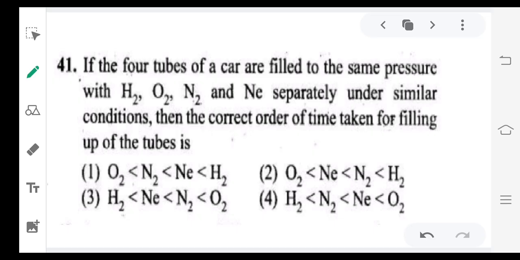Next, if the 4 tubes of a car are filled to the same pressure with H2, O2, N2 and Ne separately under similar conditions, then the correct order of time taken for filling up of the tube is.